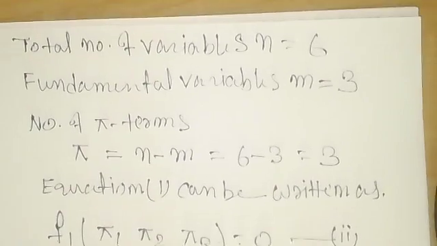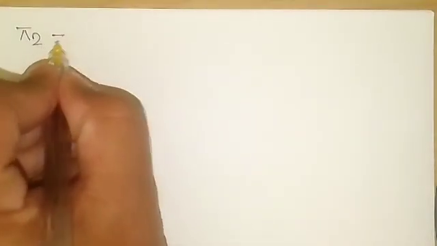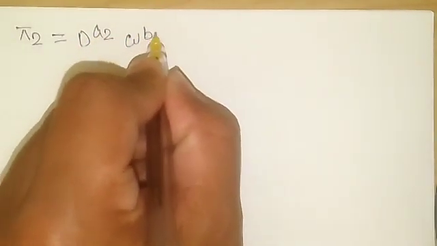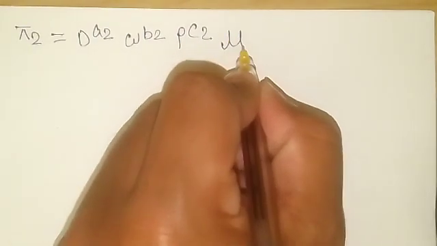All right, so here pi 2 is equal to d to the power of a2, omega to the power of b2, and rho to the power of c2, and this is the mu, right?